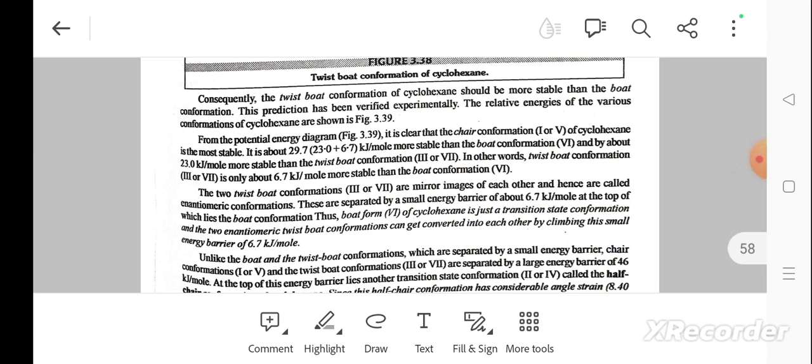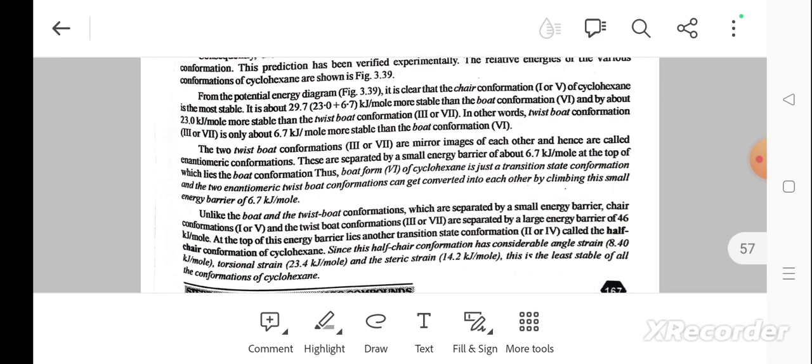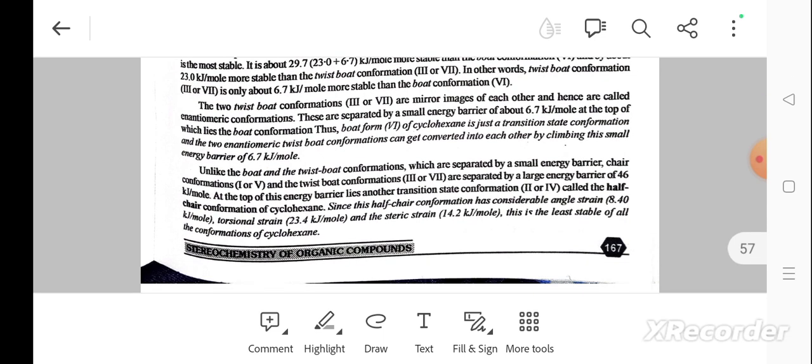In other words, the twist boat configuration is only about 6.7 kilojoules more stable than the boat configuration. The two twist boat configurations are mirror images of each other and hence are called enantiomeric configurations.